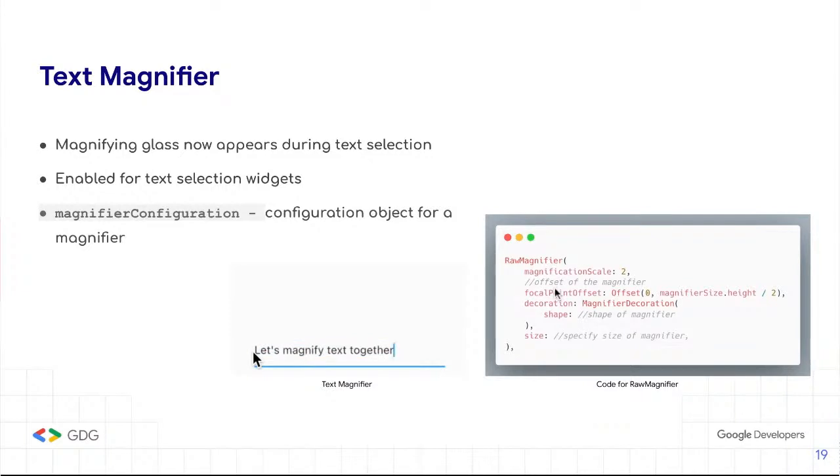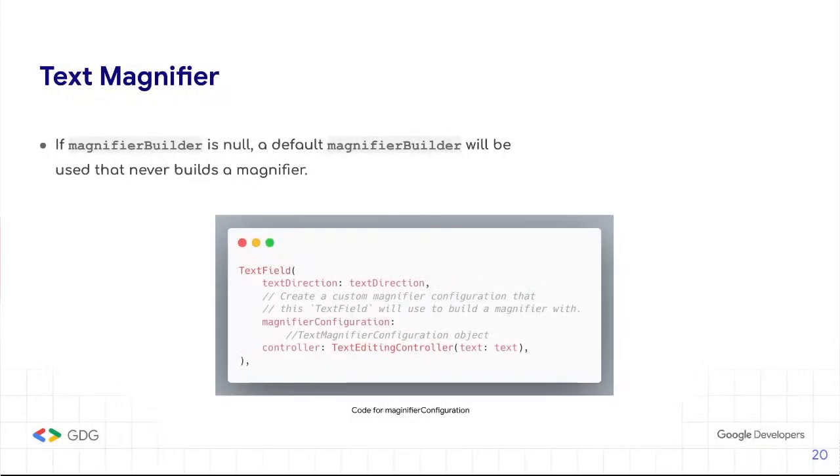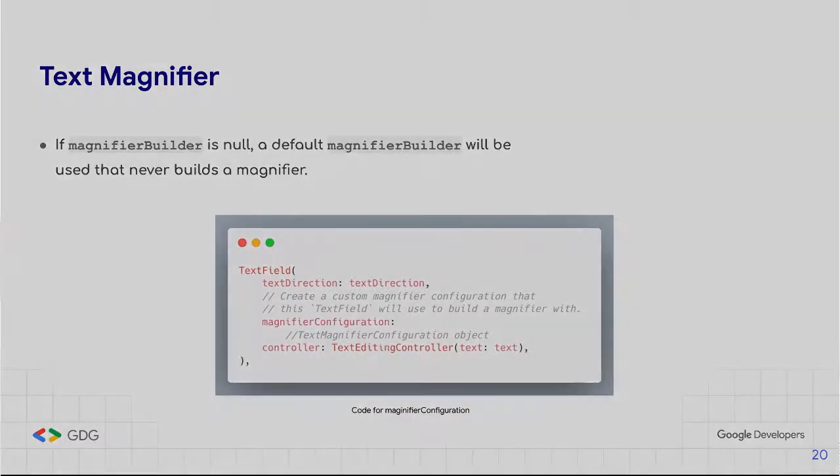And then you mention the scale, the focal point, and even the decoration. So decoration is the decoration of the magnifying glass. If I want it to be a rectangle, it's going to be a rectangle. Otherwise, you can also specify other shapes, and also the size of the magnifier, the height and the width. So yeah, if the magnifier configuration is null, there will be no magnifier. Otherwise, it's going to take up the object that was defined.